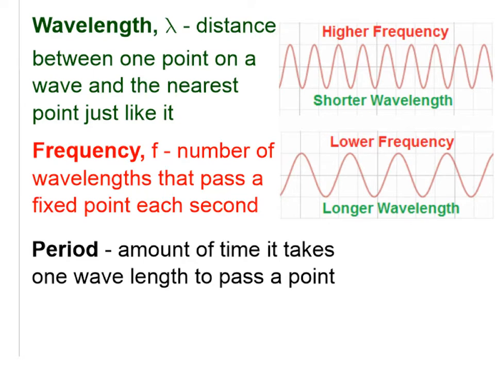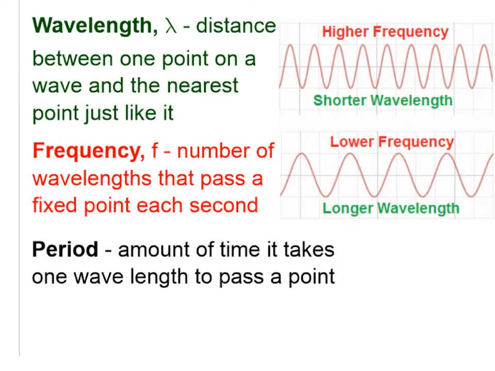Now let's introduce another property of waves, and that is the frequency. You can find frequency represented by a cursive lowercase f. There's another Greek letter, nu, that kind of looks like a cursive V, and sometimes it's represented that way. In this class, we'll represent it with a lowercase cursive f.